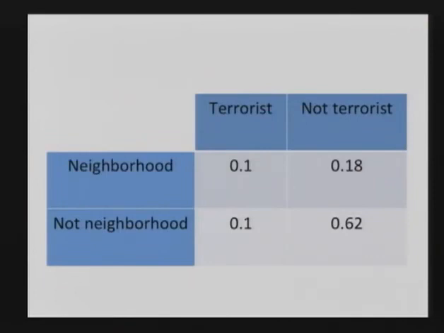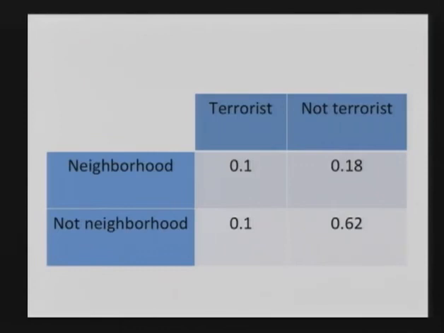Bob is a terrorist 20% of the time, and that's split evenly between neighborhood and non-neighborhood. Over on the right, which has 0.8 of the total probability weight, 22% of the time will be in the upper right, and the rest of the time in the lower right. So these are the probabilities we're in the various boxes under this model.